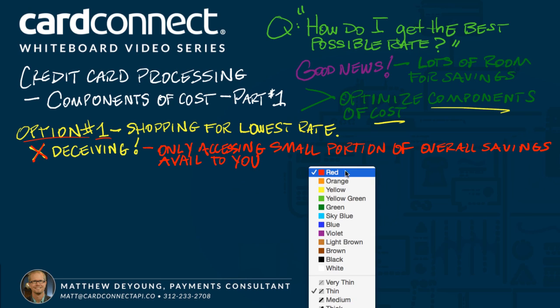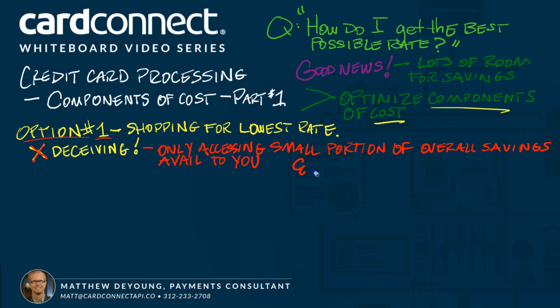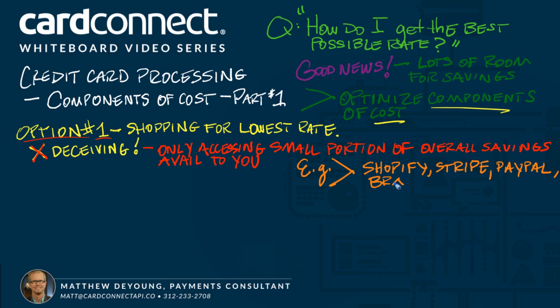When we talk about shopping for the lowest rate, typically we're going to talk about a flat rate. And if you are paying a flat rate with someone like Shopify or Stripe or PayPal or Braintree, maybe you're getting a 2.9% or a 2.7% flat rate, and that's great.